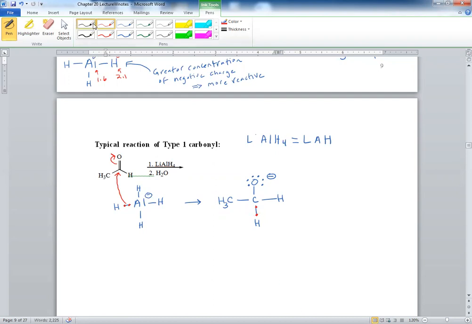So then the next step would be, if you have water, then that can only indicate that this is needed for protonation.